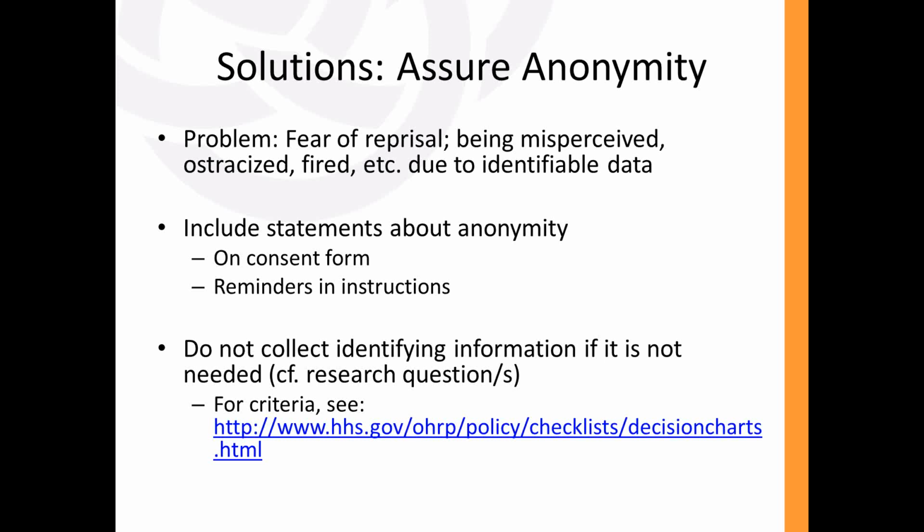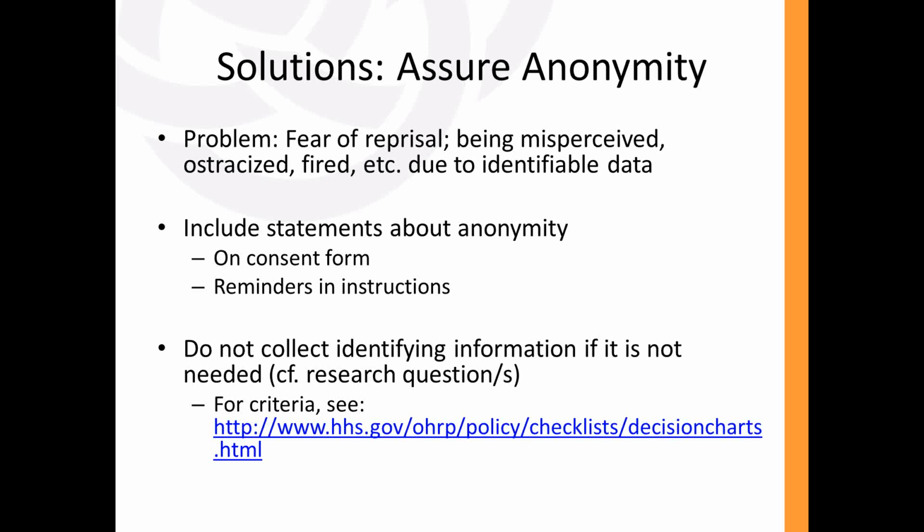And finally, don't even collect identifying information if it's not needed. If your research questions do not require you to know the gender, the race, the age, and you're worried about anonymity, don't collect the data.